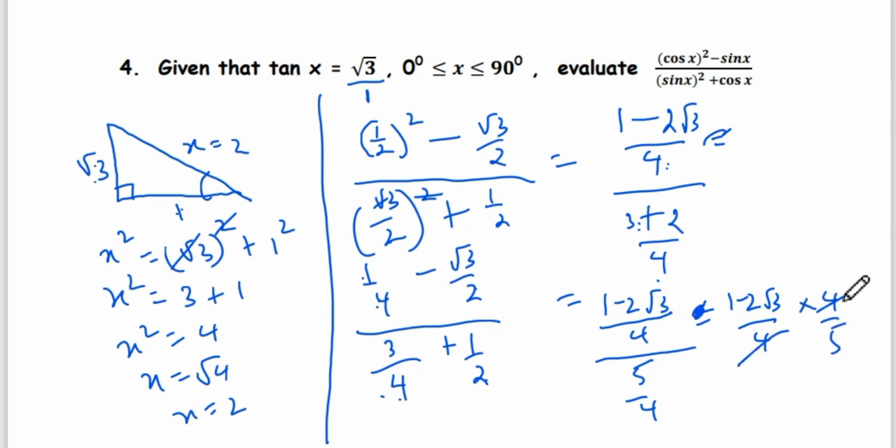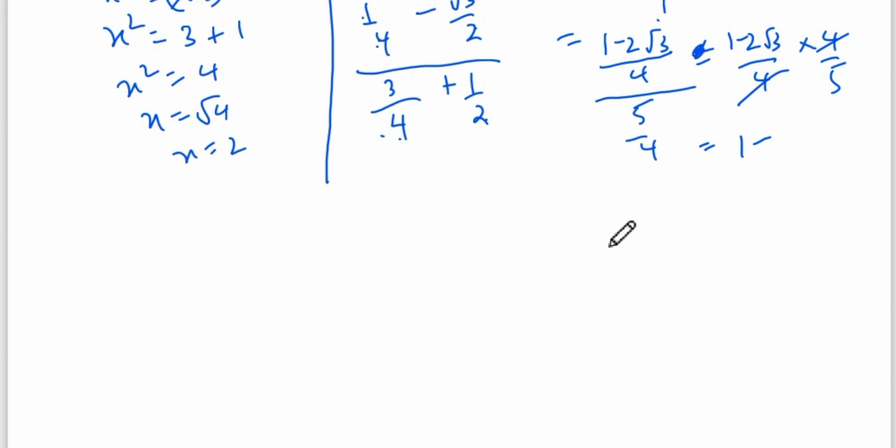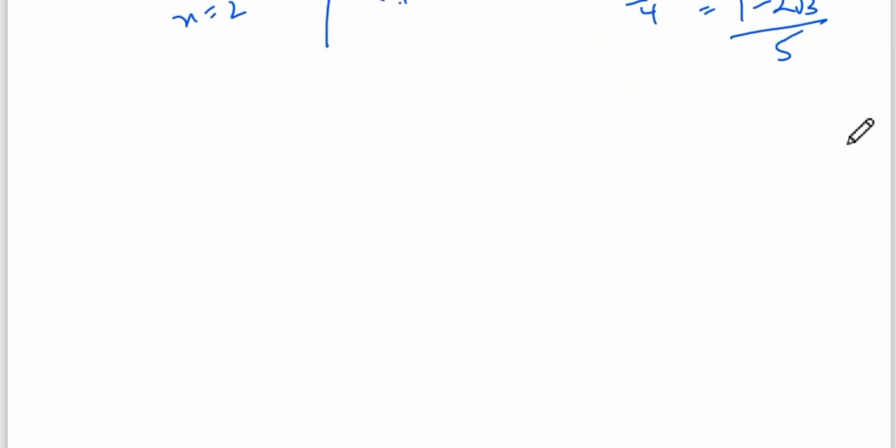So 4 cancels 4. Let me write this very well: 1 minus 2 root 3 divided by 5. So that's our final answer.